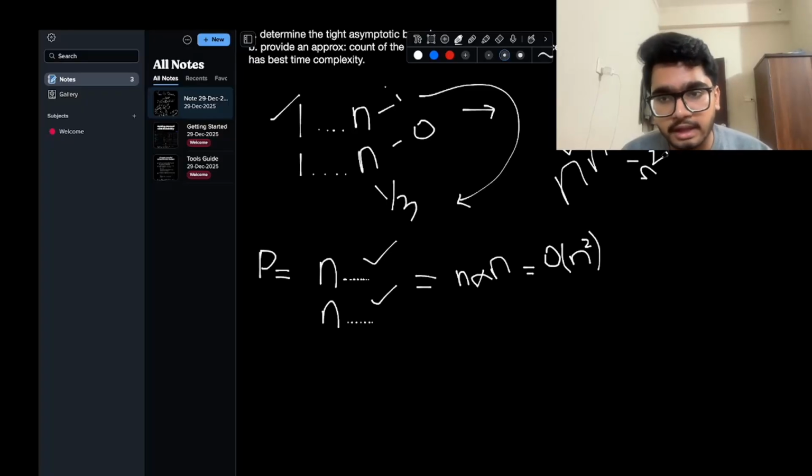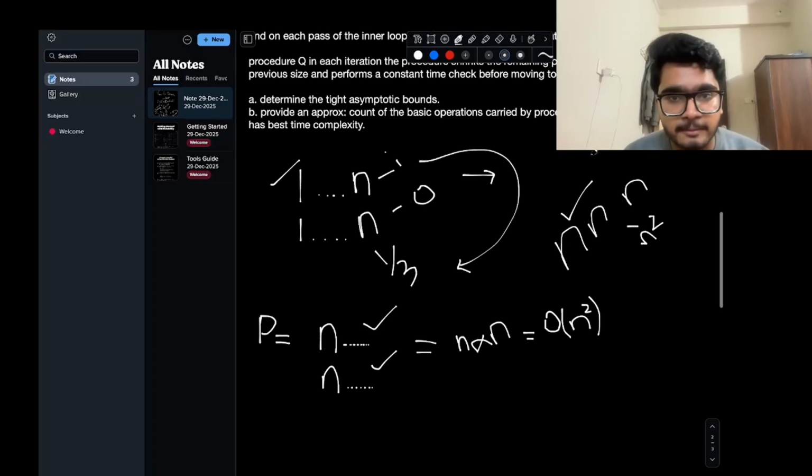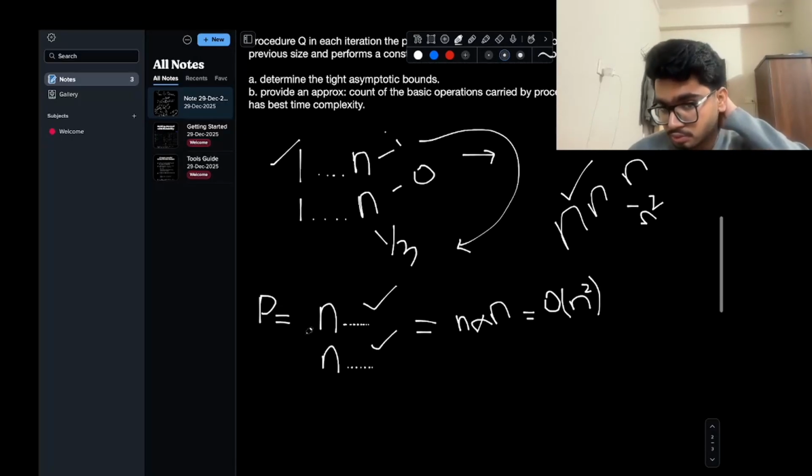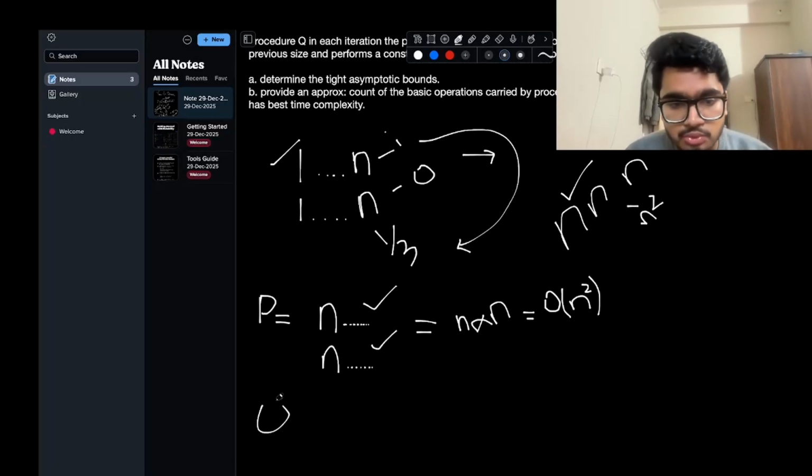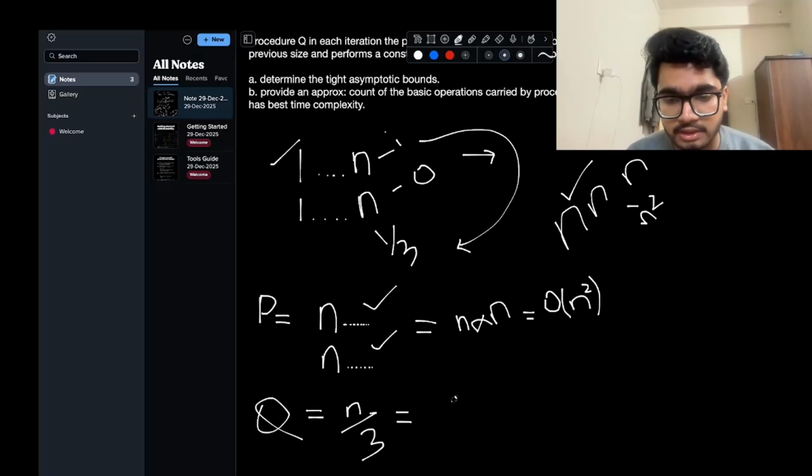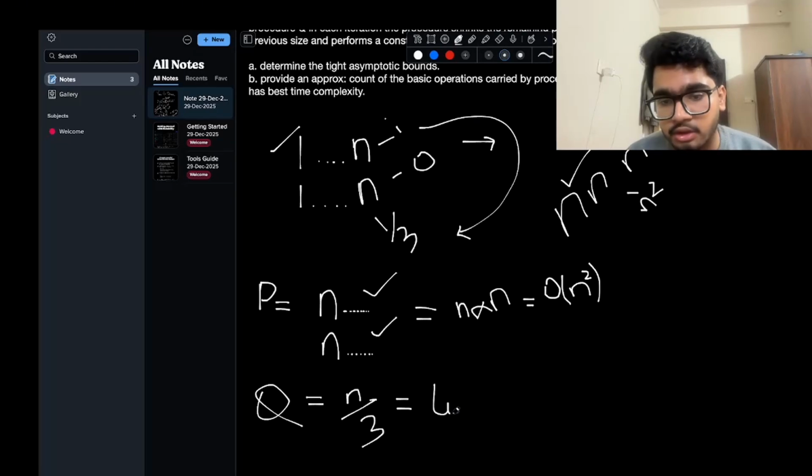And if the problem size is dividing, like in procedure Q, where our problem size is dividing to n upon 3, that is 1/3, and the size is reducing, then we will always take log of n.